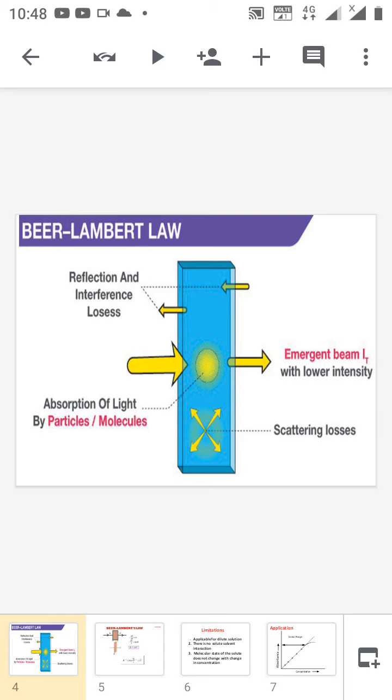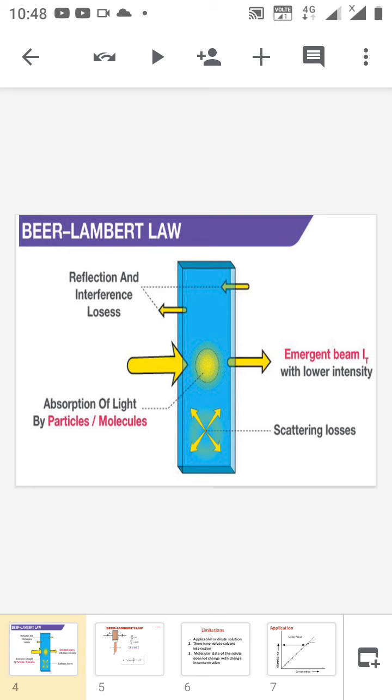We know that when light of suitable wavelength passes through a solution of a light-absorbing solute, some of it is scattered, some is reflected back, and some is transmitted through the solution. But if the solution contains a light-absorbing material, some of the light passing through the solution is absorbed by the material.